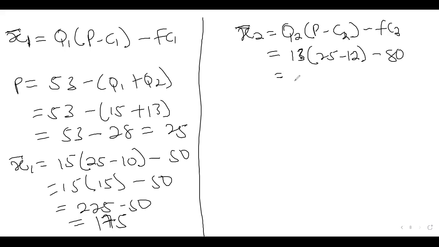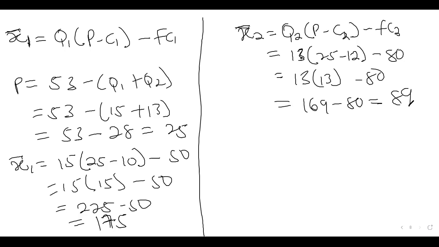All right, according to the question. So you have 13 into bracket 25 minus 12, which is going to give us 13 as well, minus 80. So we have 13 times 13, which is 169, minus 80. That is going to give us 89.